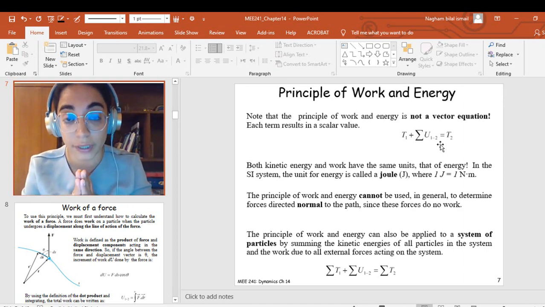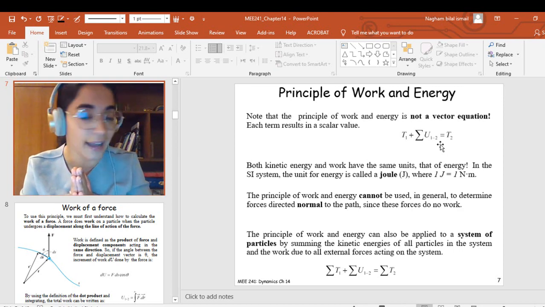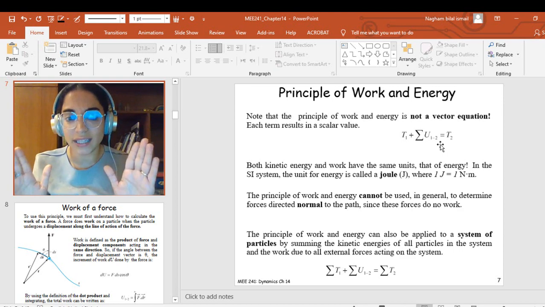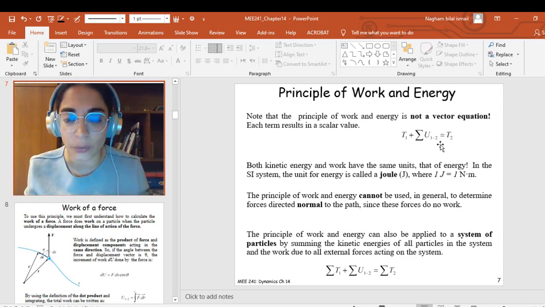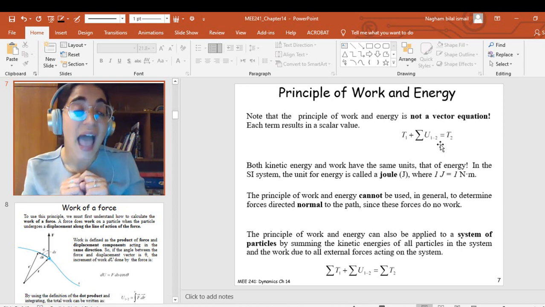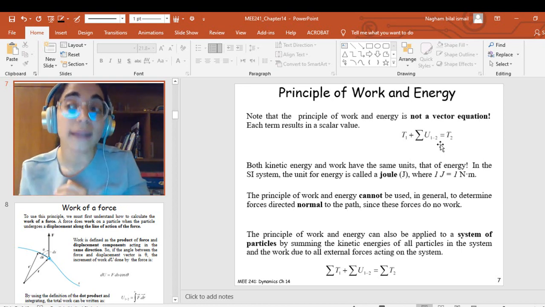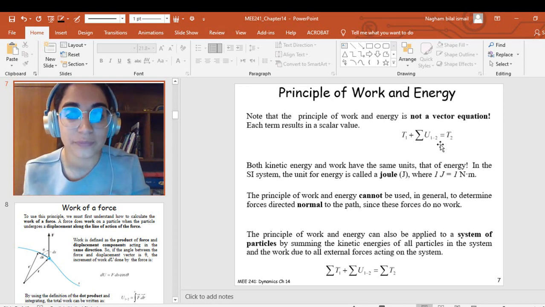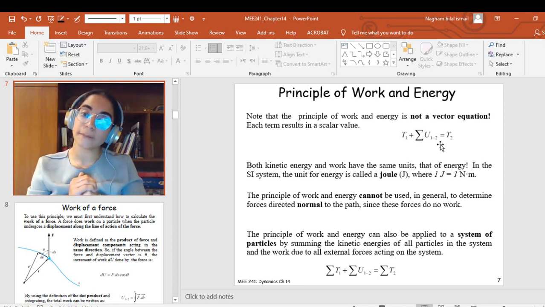This principle of work equation is not a vector equation. It is a scalar equation. Because in fact, the kinetic energy is given as half mv squared, and I know that any vector squared will be a value. So this is good news.